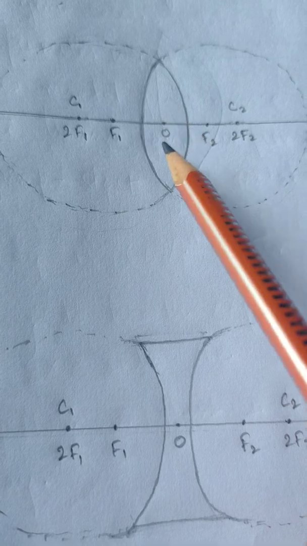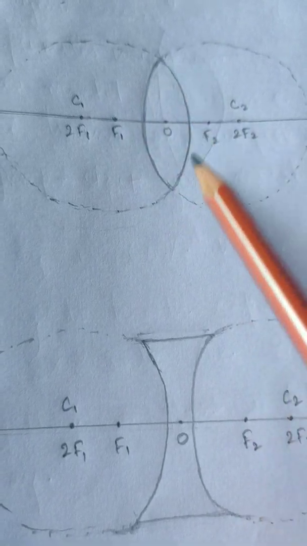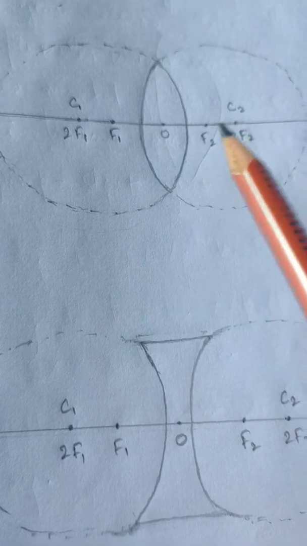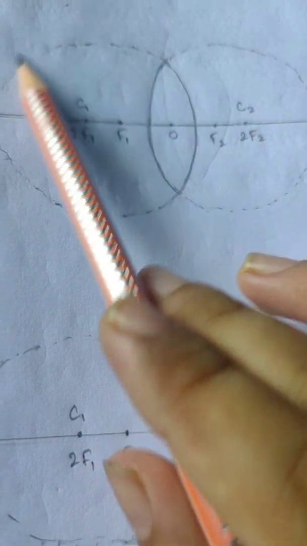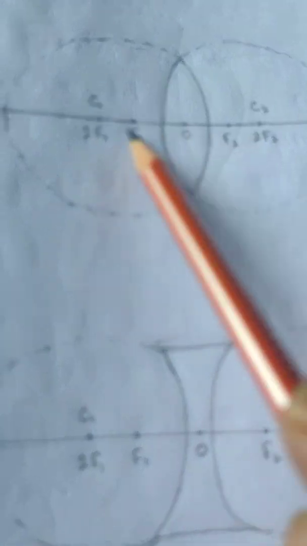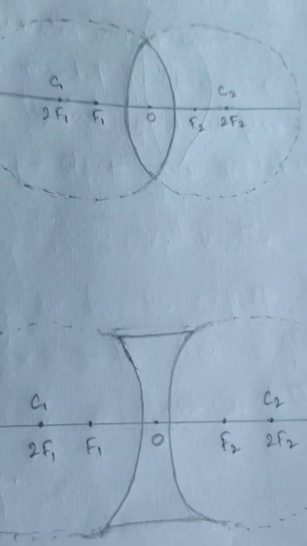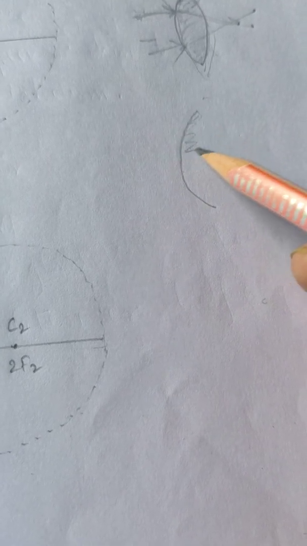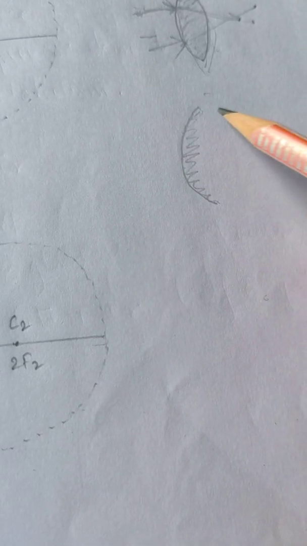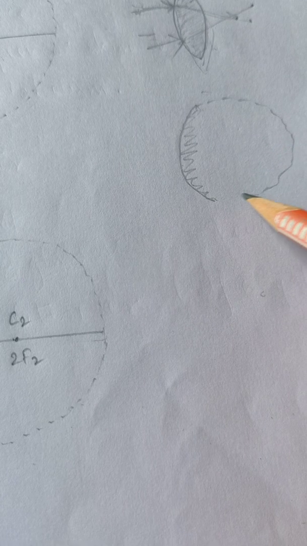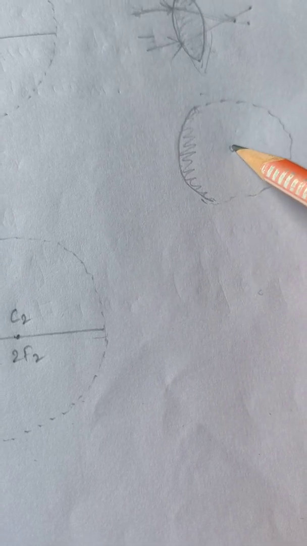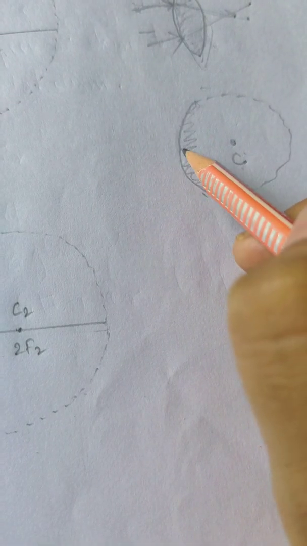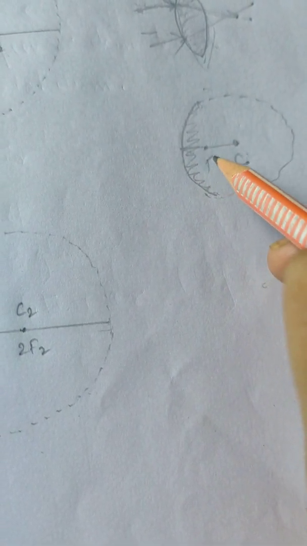After combining both, we get a lens. That means there are two curvatures. In the case of a mirror, there was only one circle, so only one possible center, one curvature, and one focus.